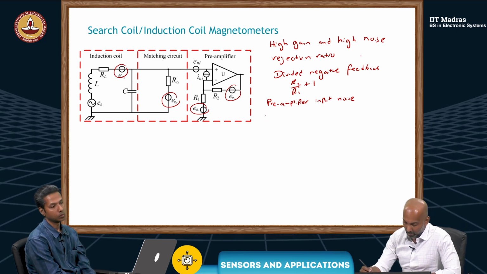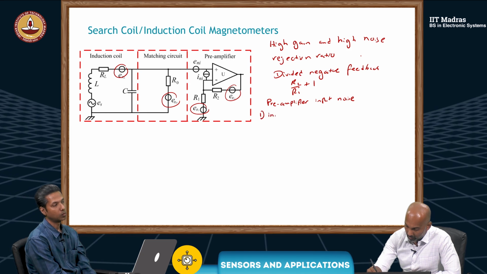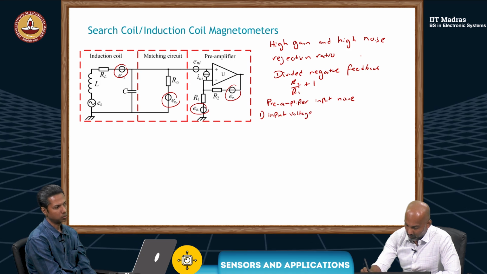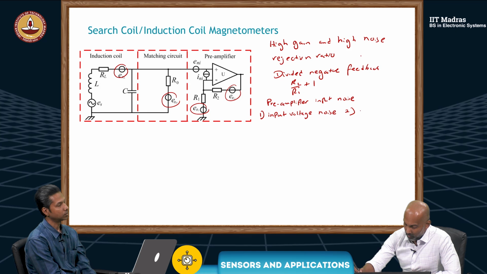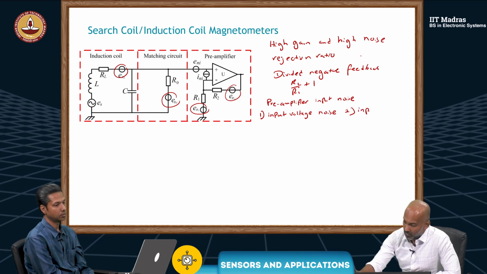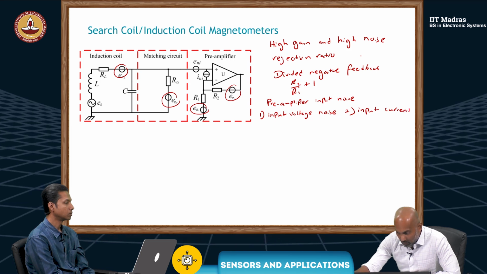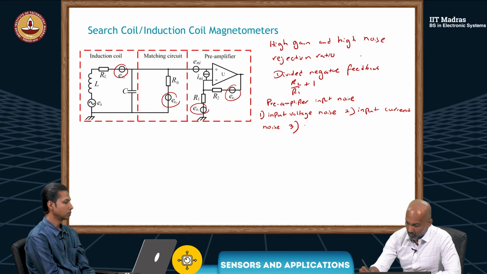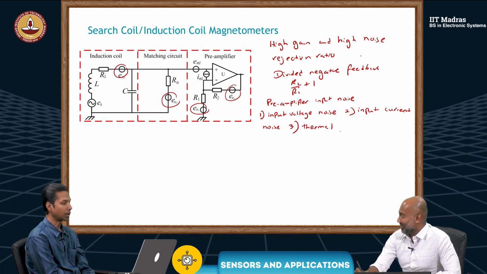One is the input voltage noise of the op-amp itself. Then the input current noise. And your favorite, thermal noise.